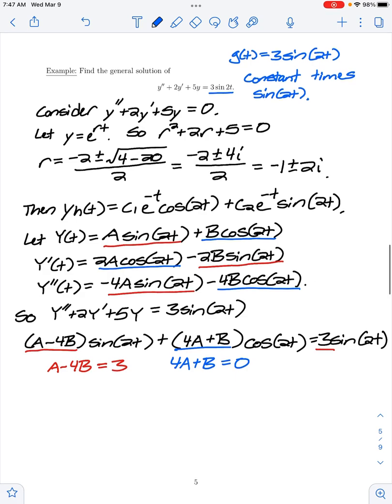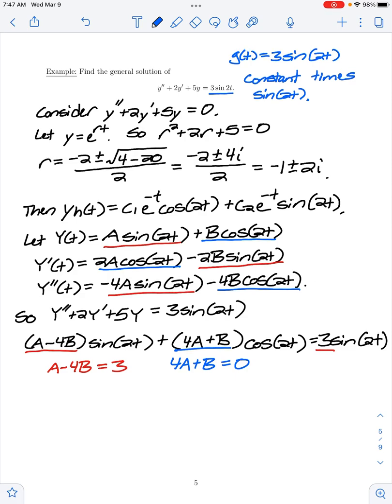To solve this system of equations for a and b, I could first solve for b in terms of a. b would have to be negative 4a. Then substituting this into my first equation, a minus 4 times b gives me a total of 17a, which has to equal 3. And so a is 3 over 17.